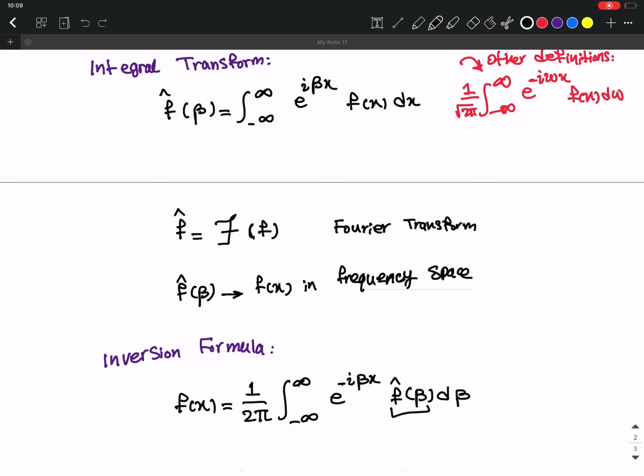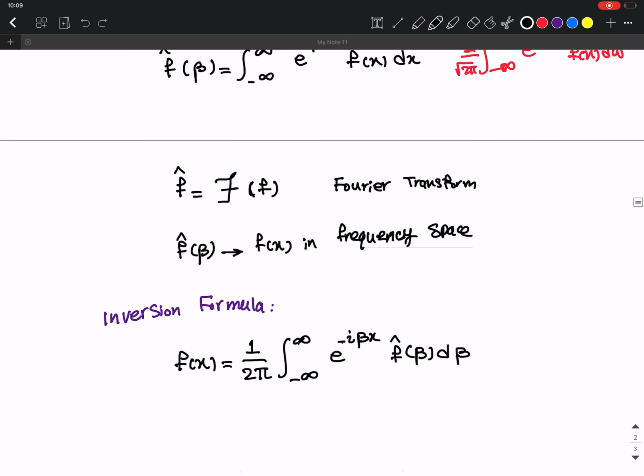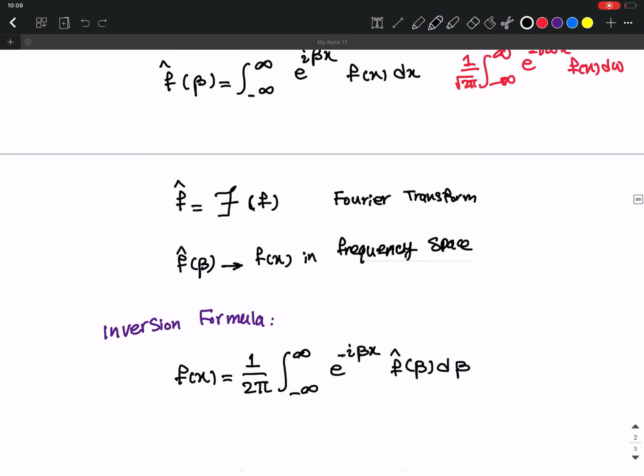This is the inversion formula for that, and the operator form of this is shown as this. So we say f equals the Fourier transform, and we show it with F to the power minus 1 of f hat because this is the inverse. Okay.